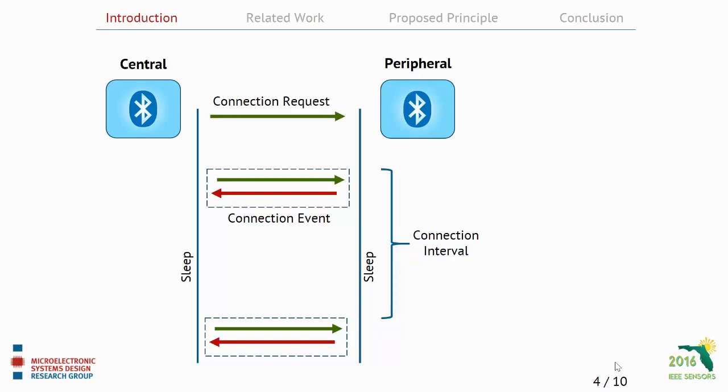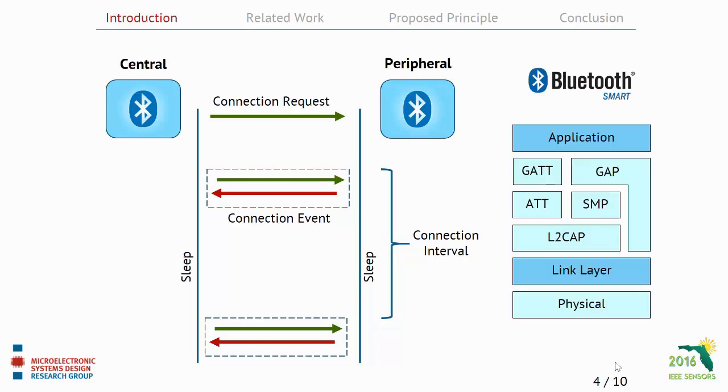If we look at the Bluetooth Low Energy stack, this entire process is controlled in the link layer. And it's important to know that these consecutive connection events will take place all the time, even though no data is to be sent. It's to hold the connection. So how does it work if we want to send data from the application?